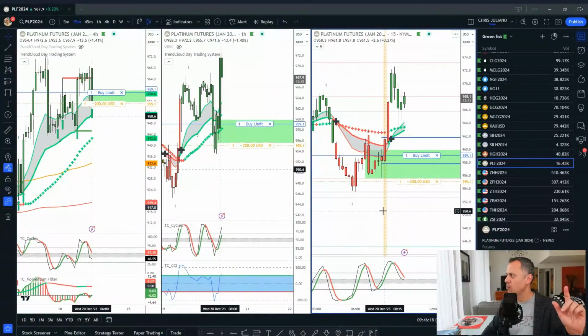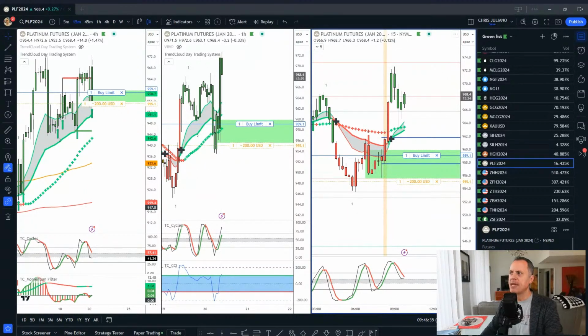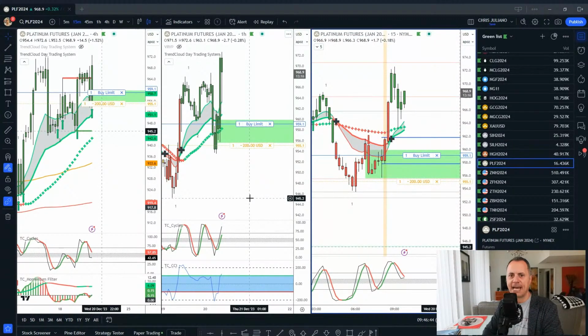And I did tell you guys I'm working on automating this into a trading bot. And I'm talking with a couple of companies right now. It's really complicated stuff. I may have to find somebody who knows Python, and we may have to put the TrendCloud trading bot on another platform, possibly, right?